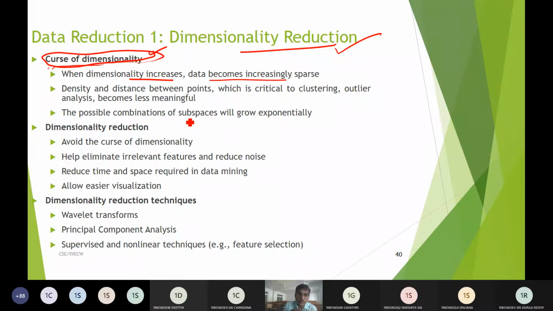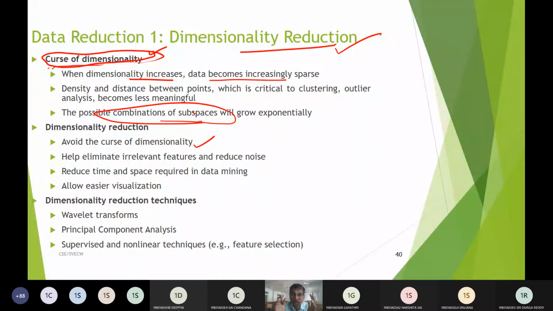So the possibility was that we need to pick up the combination of subspaces. As part of dimensionality reduction, we need to address the curse of dimensionality, that is, a large database is there. We are working with partial data, so we need to work with subsets.